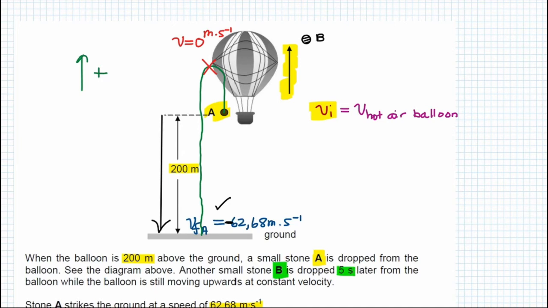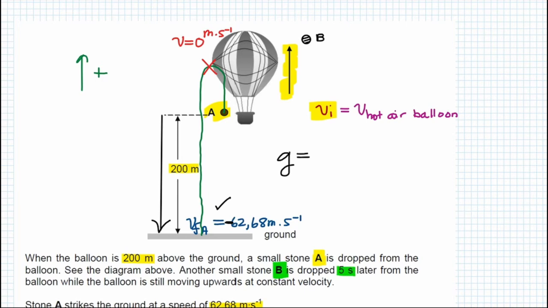We also know that once they drop this stone, or once the person lets go of it, it is going to be a projectile, and the only force acting on it is going to be the gravitational force. Therefore, its acceleration is equal to the gravitational acceleration.